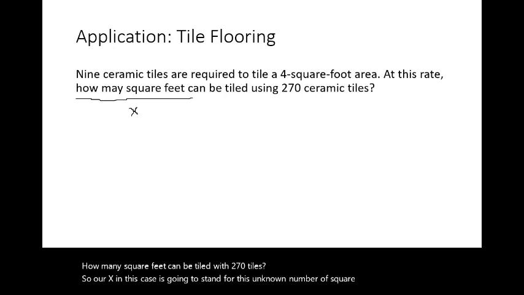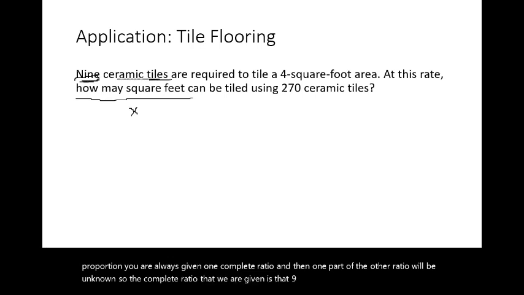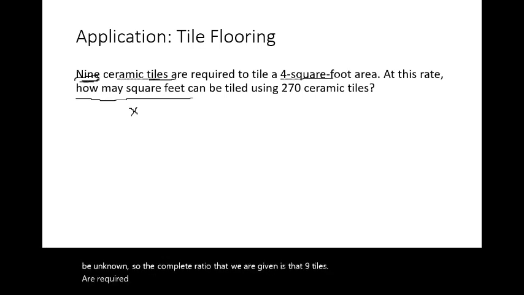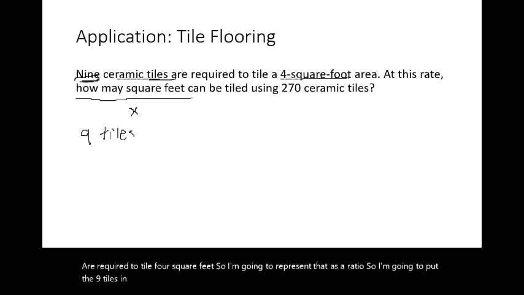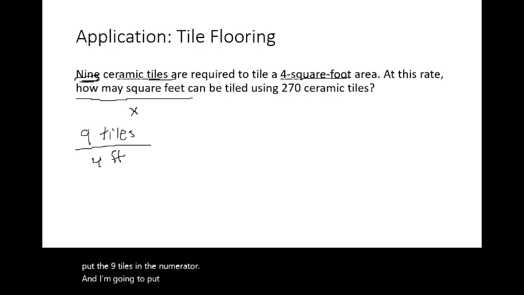So remember, in a proportion, you are always given one complete ratio, and then one part of the other ratio will be unknown. So the complete ratio that we are given is that 9 tiles are required to tile 4 square feet. So I'm going to represent that as a ratio. I'm going to put the 9 tiles in the numerator, and I'm going to put the 4 square feet in the denominator.